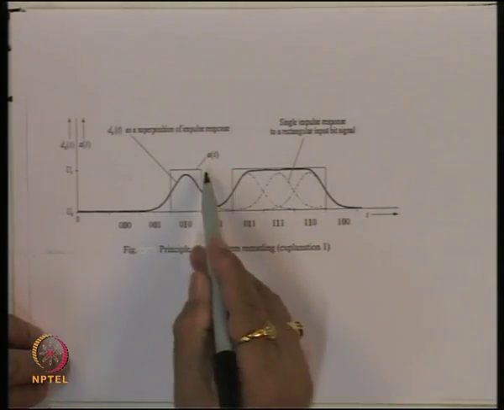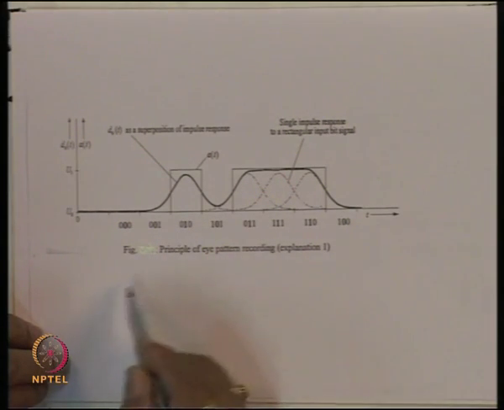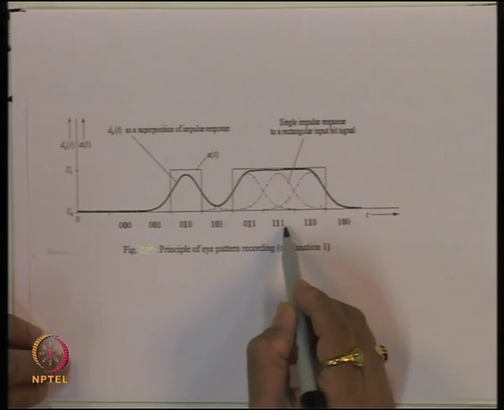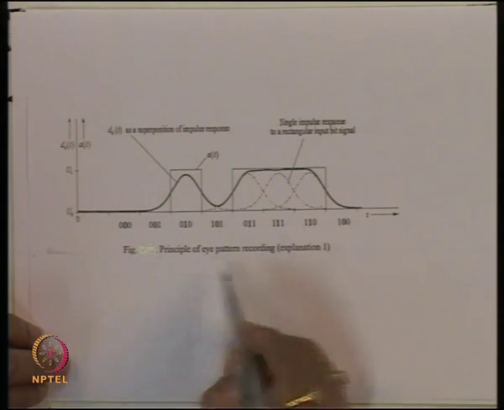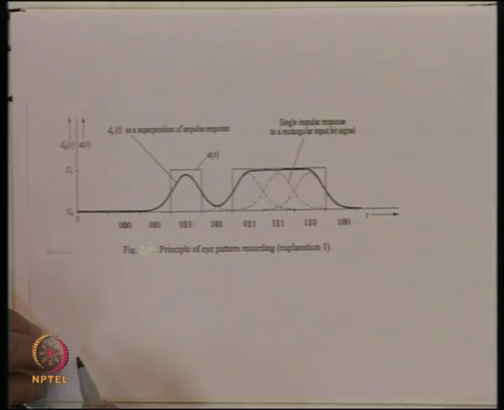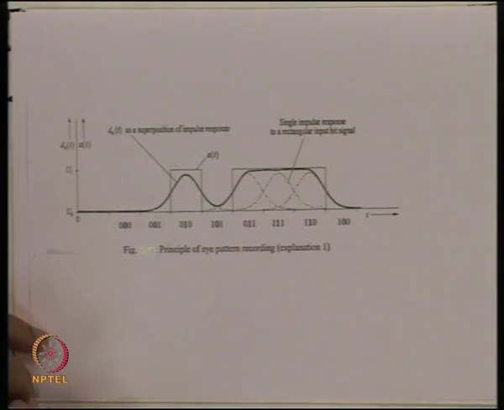Here this is the bit pattern which is 0 1 0, this is 1 0 1, and this is 0 1 1, this is 1 1 1, this is 1 0 1. So, the actual data which is received will look something like this, and these are the blocks of 3 bit patterns.